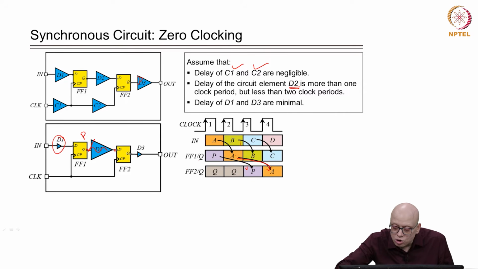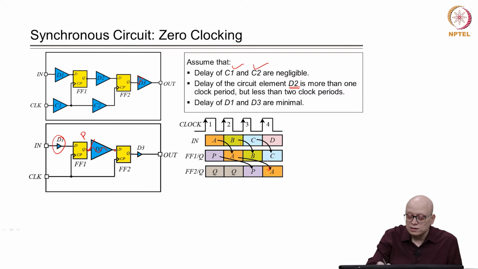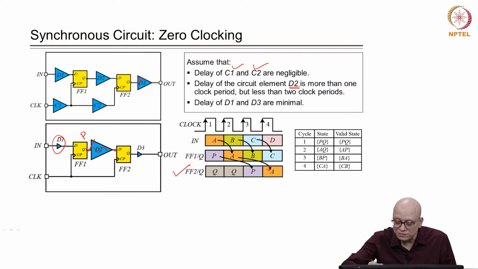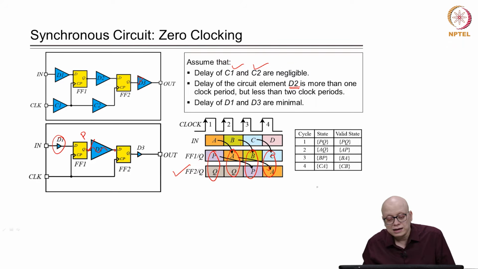so the values at FF2Q will get disrupted. The states that we will now get are PQ, AQ, BP and CA. But in the last slide we saw the valid states for the synchronous circuit are AP, BA and CB.